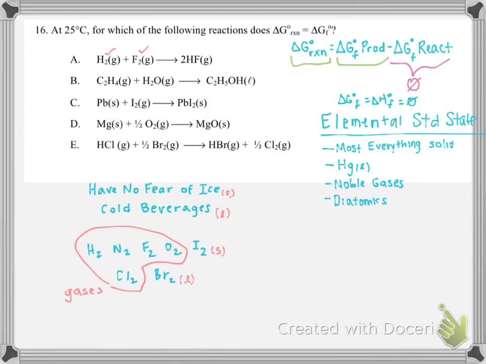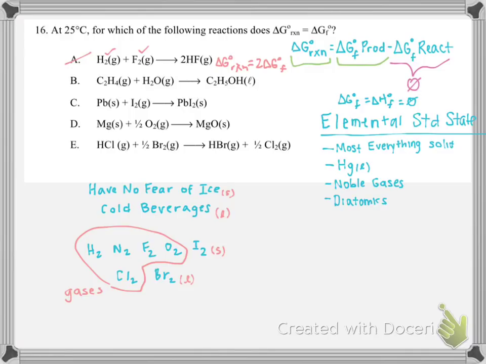So we would have delta G of the reaction ending up being 2 times the delta G of the formation. That doesn't match with what they're asking us, which is why that gets ruled out. We just want to make 1 mole of product.